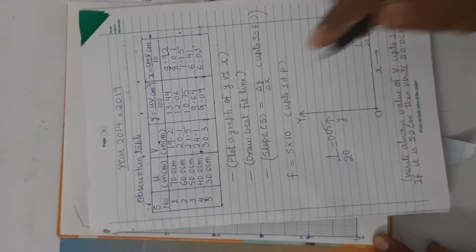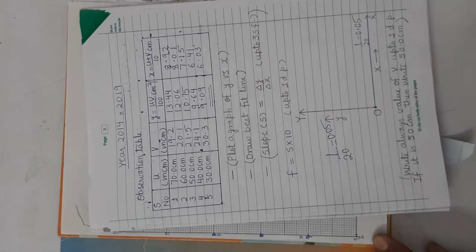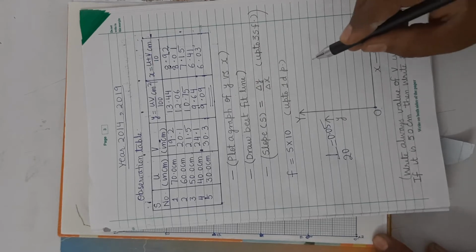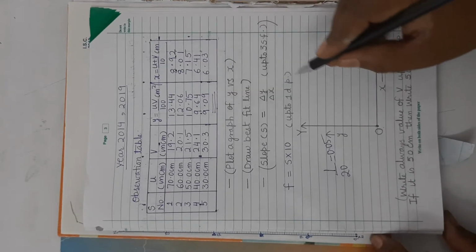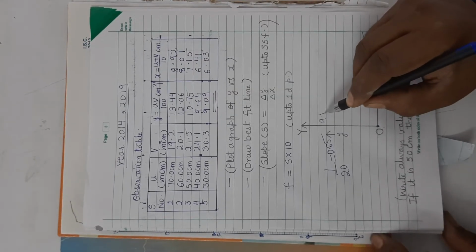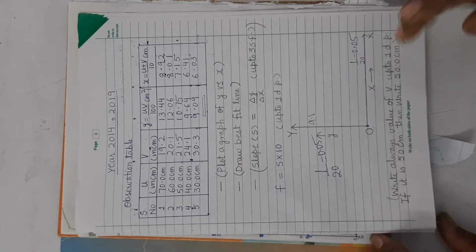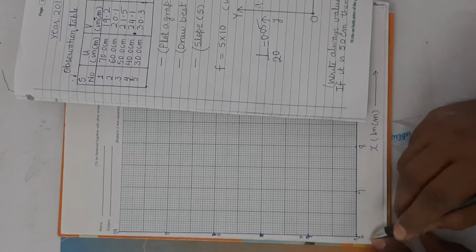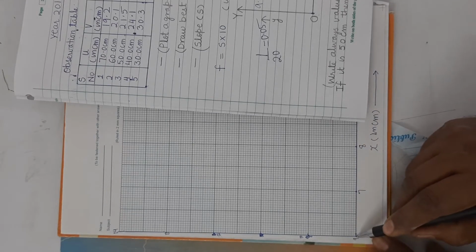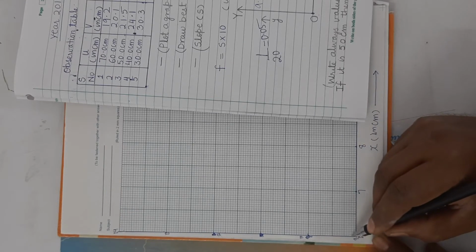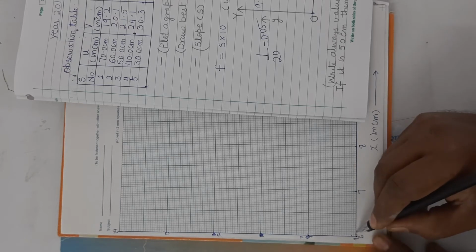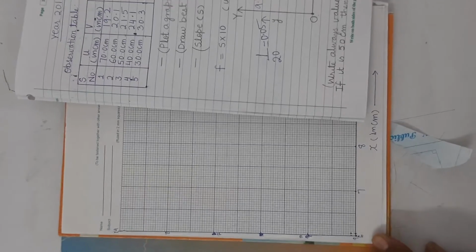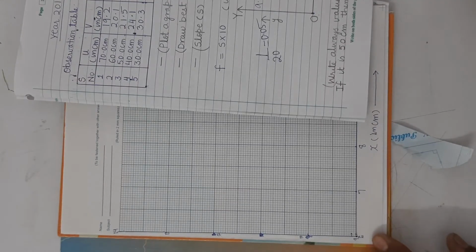Here corresponding to 9.09. This is nearly 9.1. It's clear? So 9.10 means 9 के आगे 2 divisions. So this point is 9. You take 2 divisions here. It's clear? So इधर इसके सामने, इधर इसके सामने, means the point will be this. This will be the point.